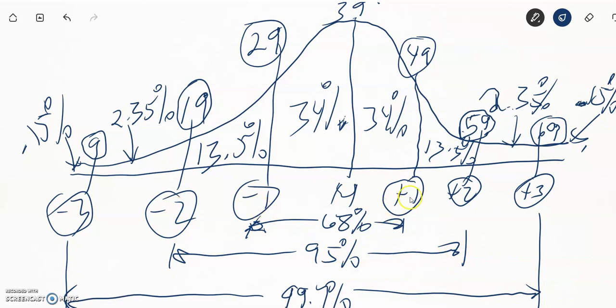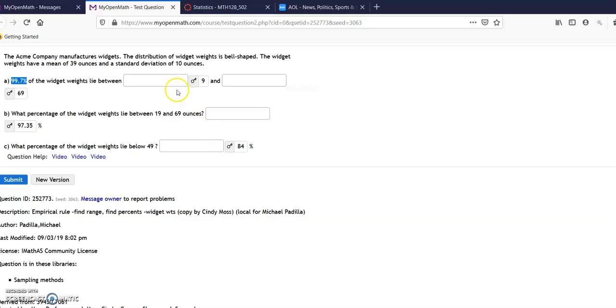And if I add up -1 to +1, I get 68%. So 99.7% of the data is between -3 standard deviations and +3 standard deviations. Well, -3 standard deviations is 9, and +3 standard deviations is 69. So the answer to the first one is 9 and 69.